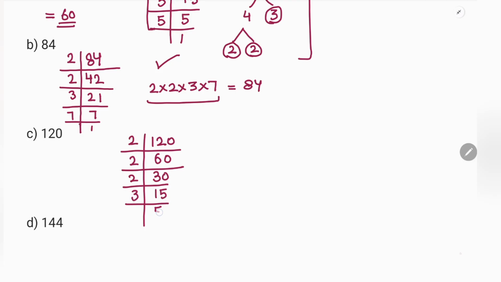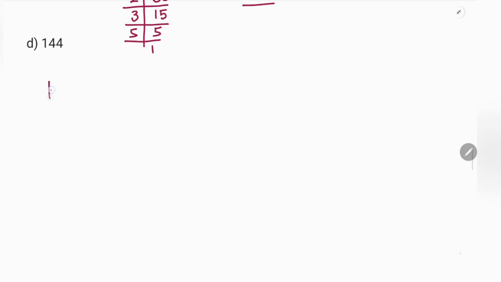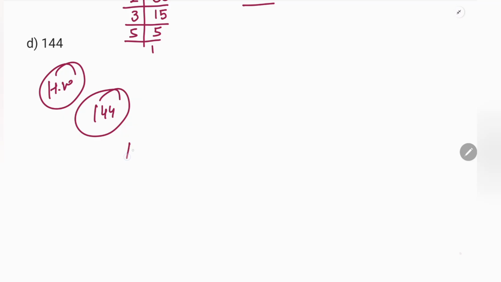Then 5, 5, 1. So 2 times 2 times 2 times 3 times 5 is equal to 120. And this is homework for you: 144. You will find the prime factors and write them in your comments. You can comment like this: 144 is equal to this, like that.